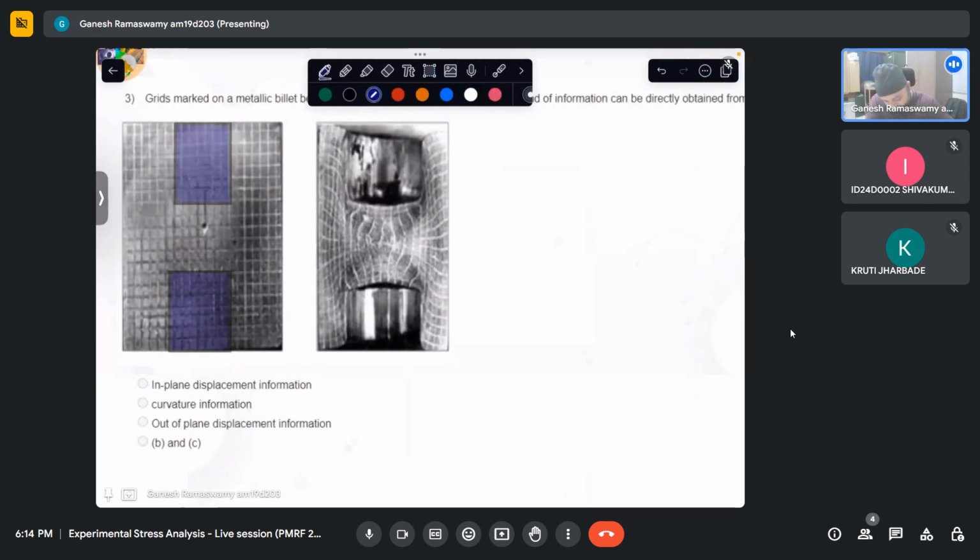A grid that was marked. So we can see that these grid lines were basically scribed onto that metal. And these have now become like that.